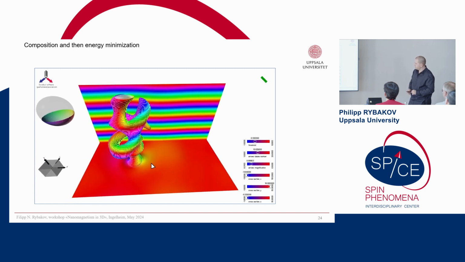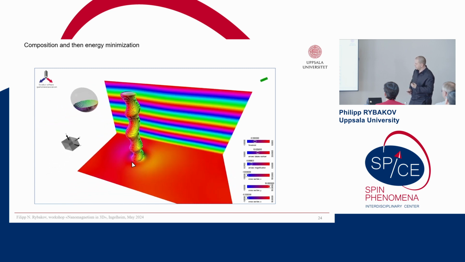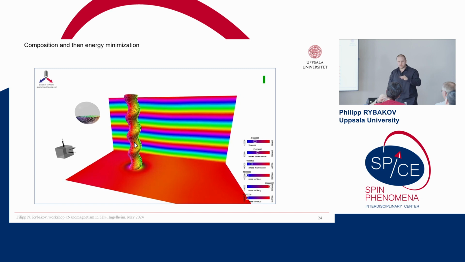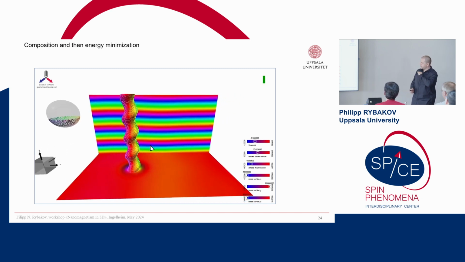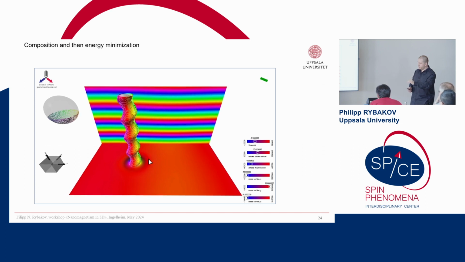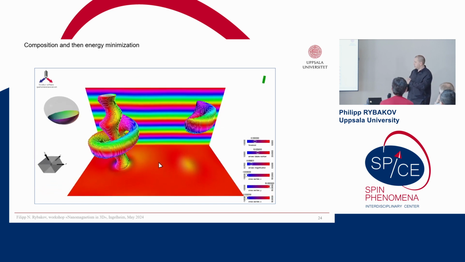That's the most interesting part. The string is involved in the process, and at the end we have just a skyrmion string. Tracking this process confirms that there are no singularities like Bloch points appearing. So this is indeed a homotopy.